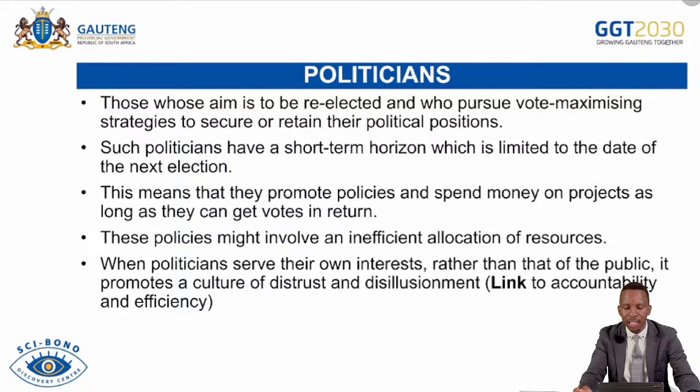When politicians serve their own interests rather than those of the public, it promotes a culture of distrust and disillusionment linked to accountability. So there will be disillusion with politicians if they simply make use of their own interest.